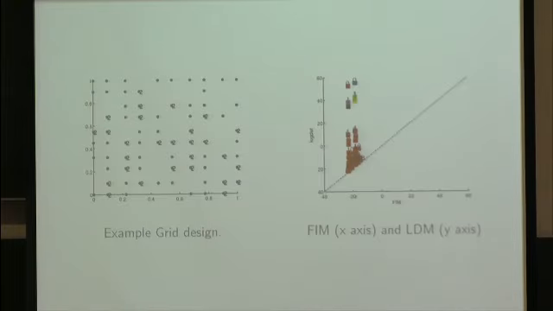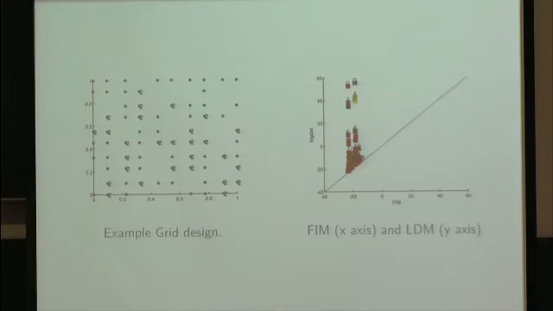But the more important type of monotonicity is with the parameter covariance of the maximum likelihood estimation. We did a different experiment where we have a grid design, very dense, and we take a point out and put it back as a replicate. This plot here is again the Fisher information with respect to the log determinant.